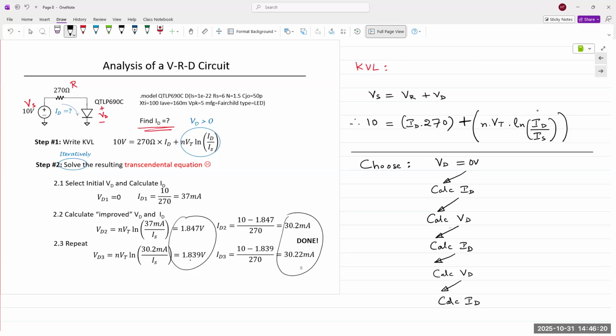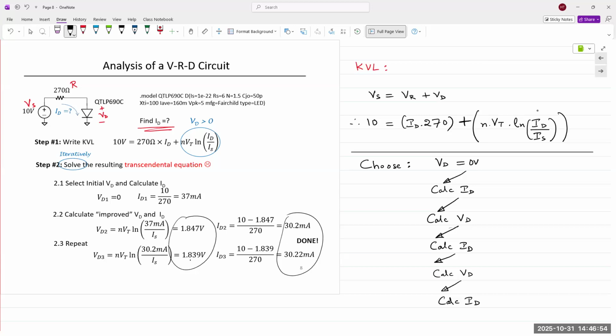It does match up, and no, it does not match up also. It depends on our application, depends on how many decimal places we want. If I want 1 decimal point and it's 1.8, 1.8, I'm done. If I'm working for a team, my team lead or supervisor says, no, we want it to match all the way down to the millivolts, then I need to take at least 3 decimal places. So I need to go 1.847, 1.839, then it doesn't match up.